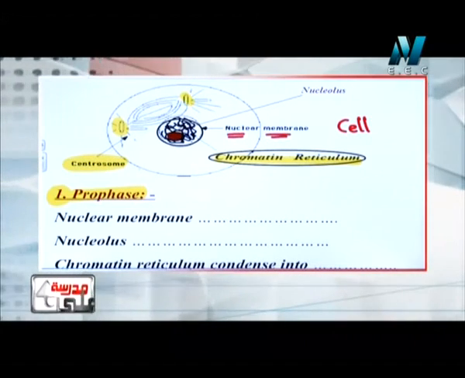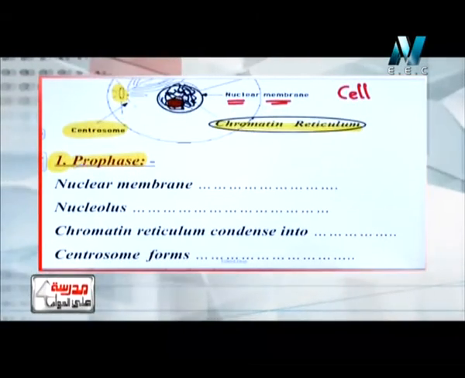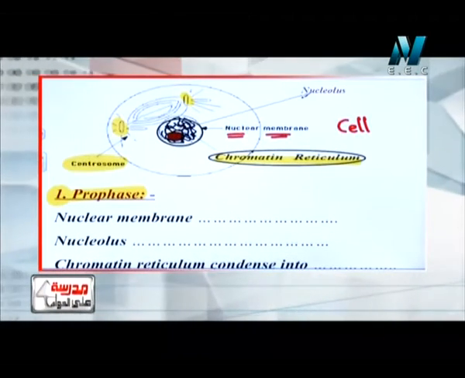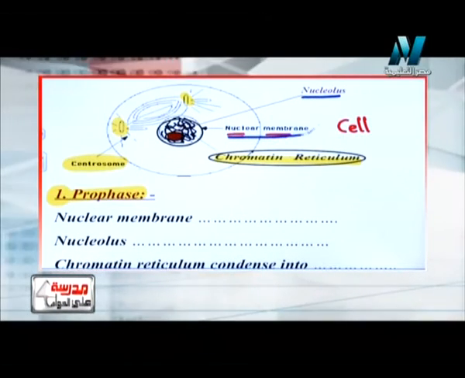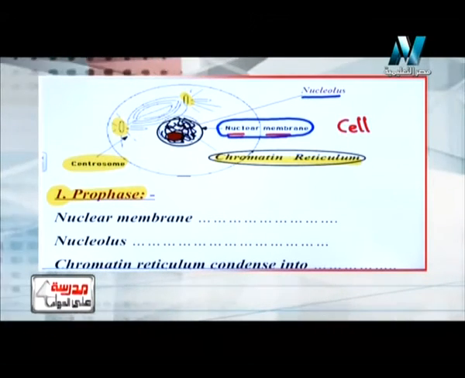So in prophase, what happens? The nucleolus and the nuclear membrane will disappear.